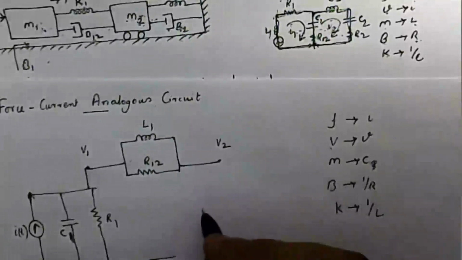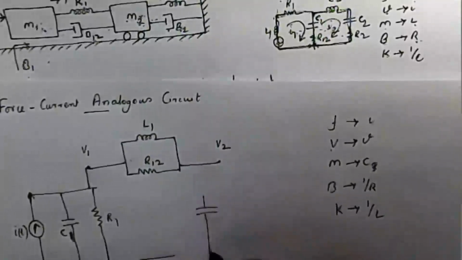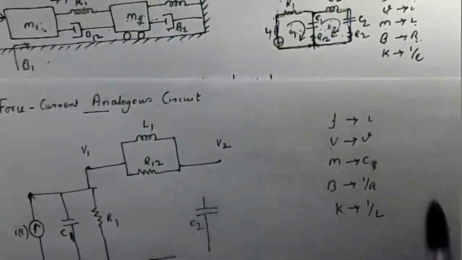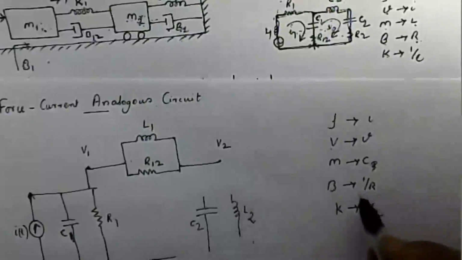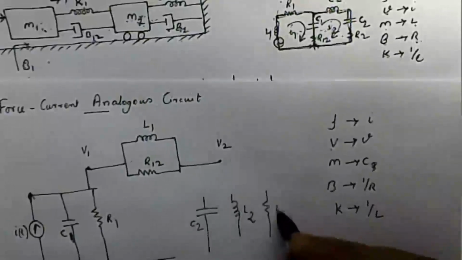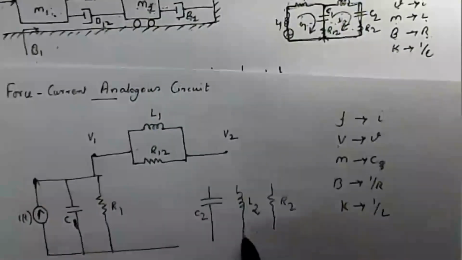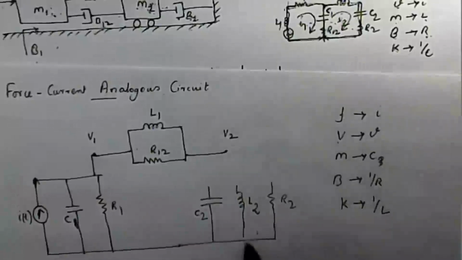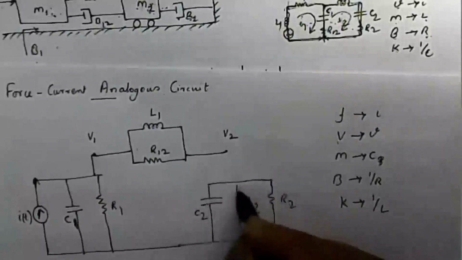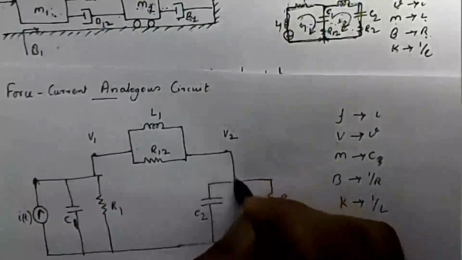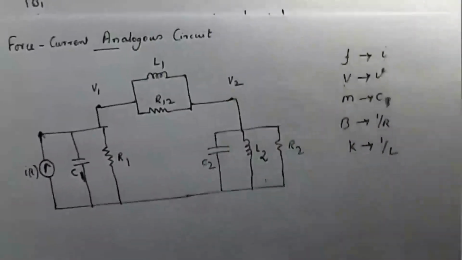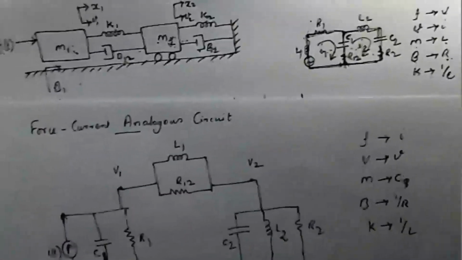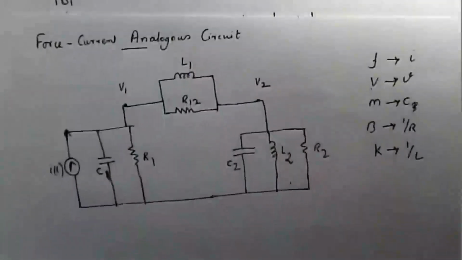M2, that is C2, then K2, L2, B2, R2. This is the force current analogous circuit of this mechanical system.